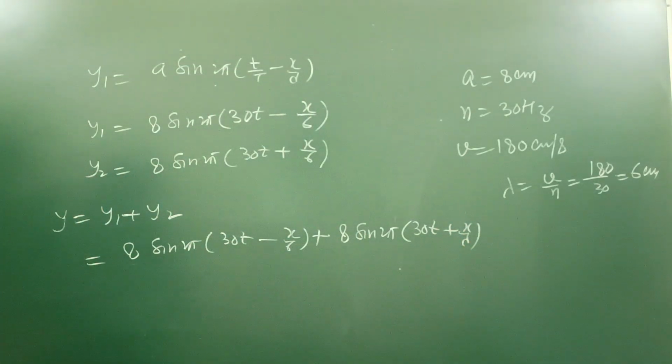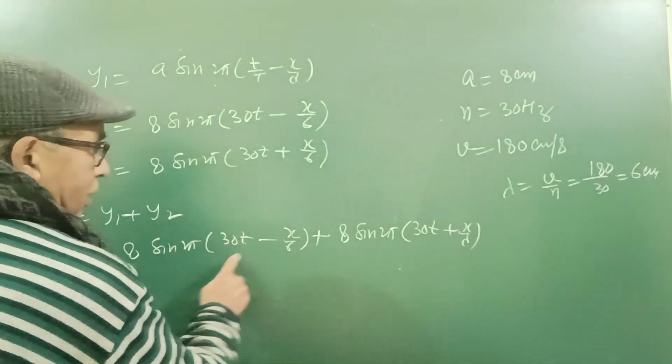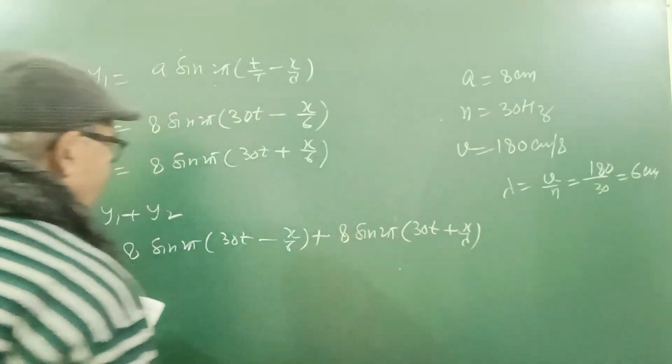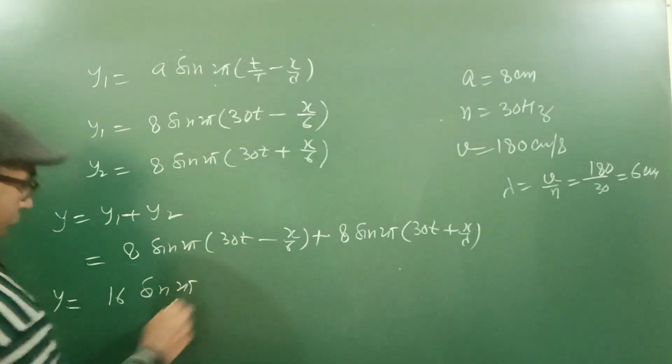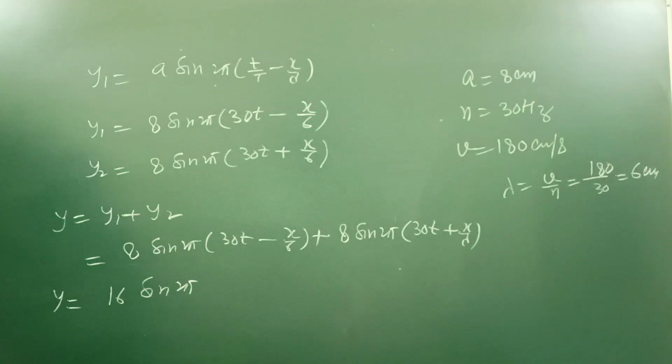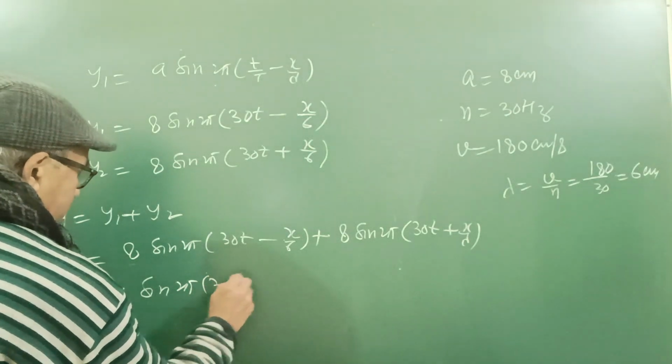So it is sin c plus sin d, which is 2 sin (c plus d)/2 cos (c minus d)/2. So 2 times 8 is 16, sin of c plus d. The x by 6 term cancels, so it will be sin 2 pi into 30t.